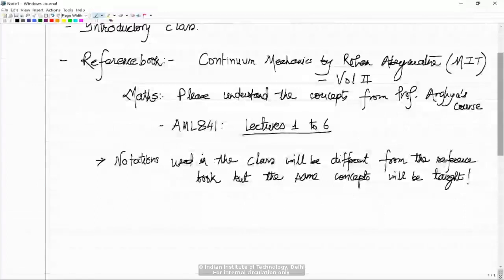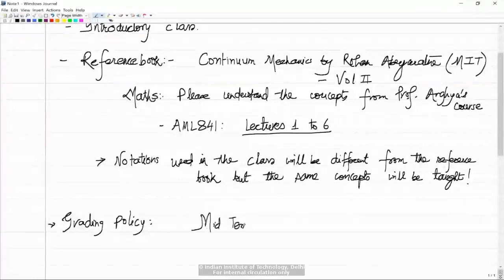Okay, then comes the grading policy. Many of you must be worried about this. So in this online semester, we have one midterm and one final exam or major exam. So midterm will have 30% weightage, okay?